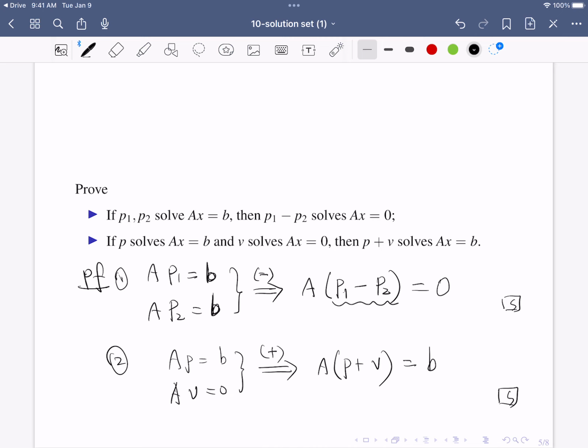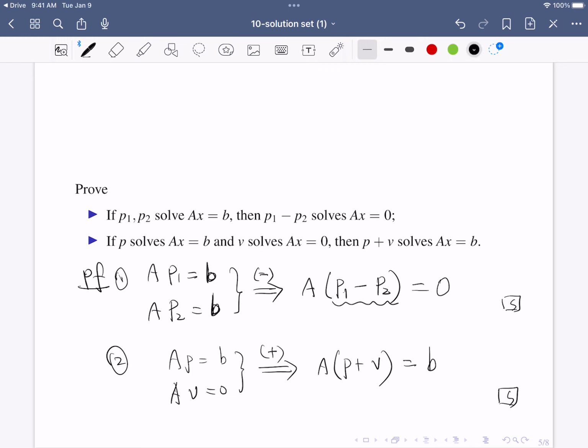We're going to solve for AX equals B. It might have multiple solutions, but suppose you find one particular solution of AX equals B, and if you know the solution set of the homogeneous equation, then particular solution plus homogeneous equation solution gives me the whole solution set of AX equals B. So this is what it means.